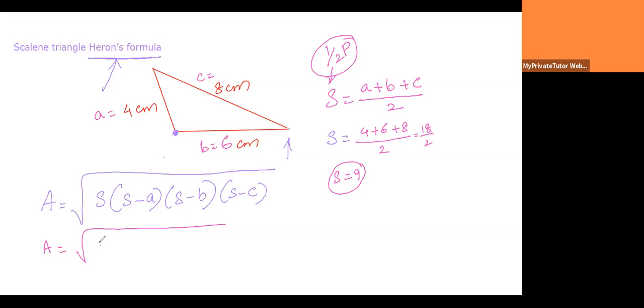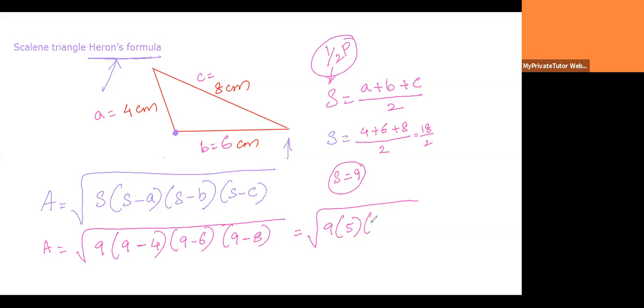Okay, so S value you got 9. So 9 times 9 minus what is the A value? 4. Then times 9 minus 6. Then times 9 minus what is the other value, which is 8. Then just go ahead and simplify. 9 minus 4 is 5, then 3, then 1.